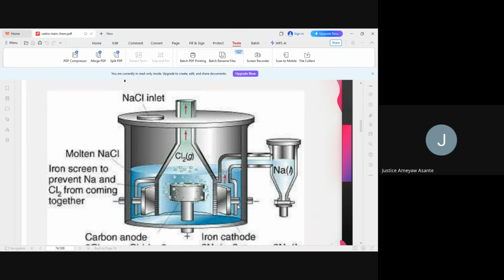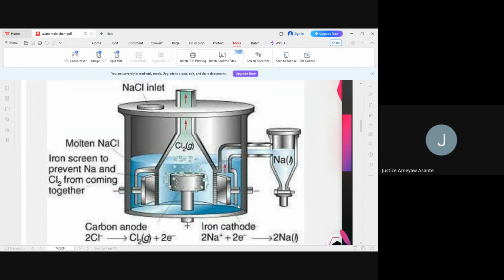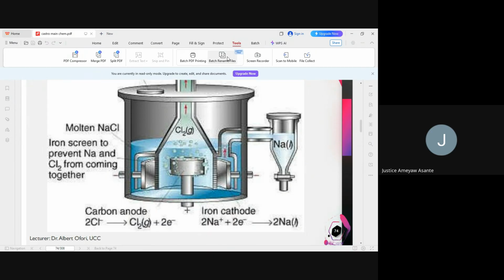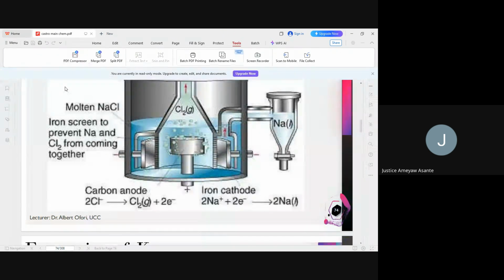Then in the molten form, when the electricity is passed through, what is going to happen? Now look at the machine, we have the anode and we have the cathode. So we have the carbon anode and the iron cathode. The anode is positively charged and the cathode is negatively charged.